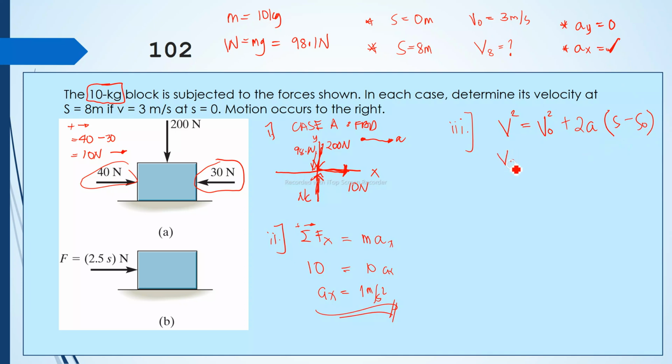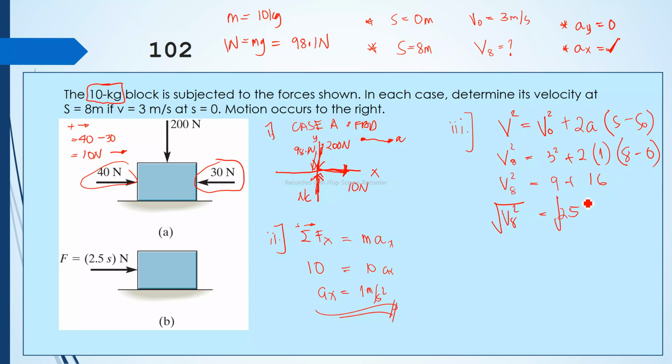So the velocity at s equal to 8, squared, is equal to the initial velocity, which for this problem is 3 meters per second, squared, plus 2 times our acceleration, which is 1, times the final position, 8, minus the initial position, 0. So we have the square of the final velocity equal to 9 plus 16.